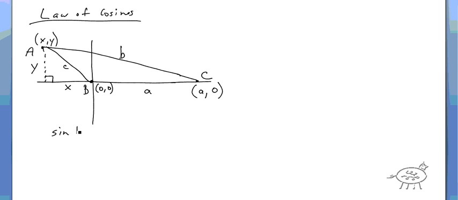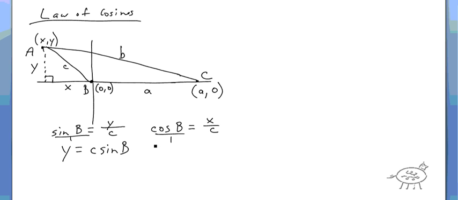I can write sine of angle B is opposite over hypotenuse, so y over side C. And I can also say cosine of B is adjacent over hypotenuse, so x over C. And then I can cross multiply, and I get y equals C times sine of B, and x equals C cosine of B.